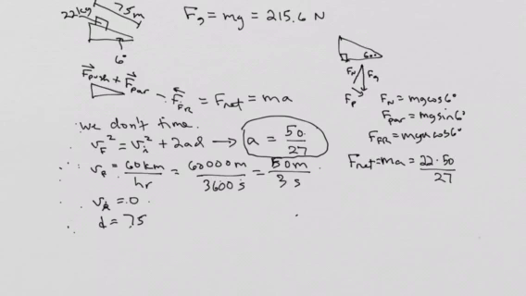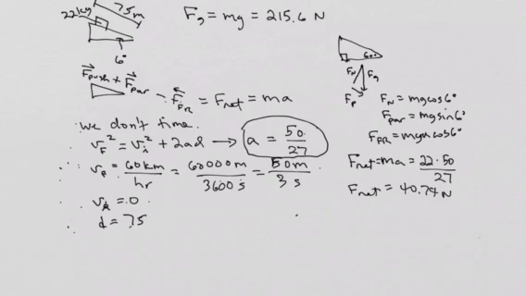So that's enough to solve for F sub net. And F sub net equals 40.74 newtons.